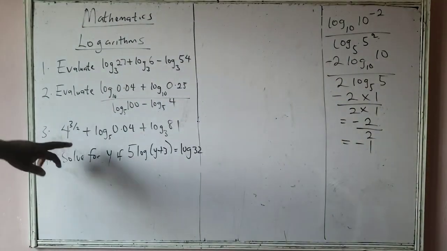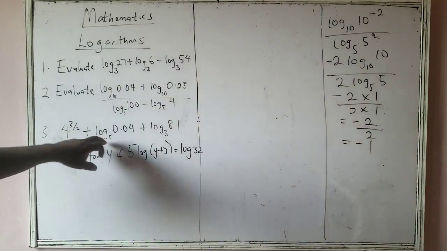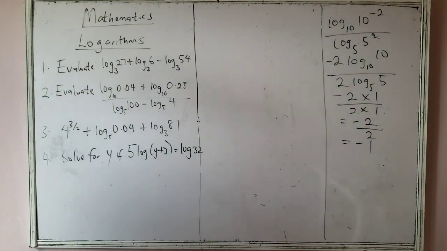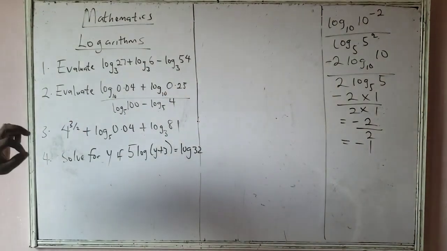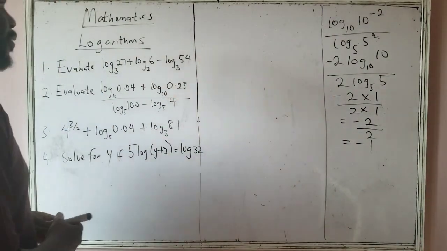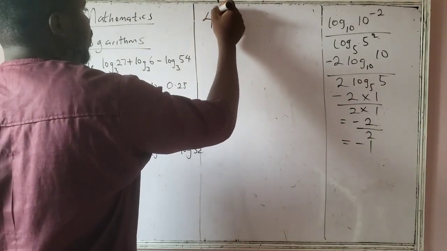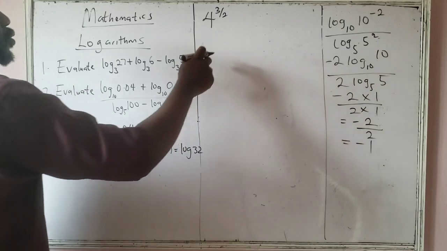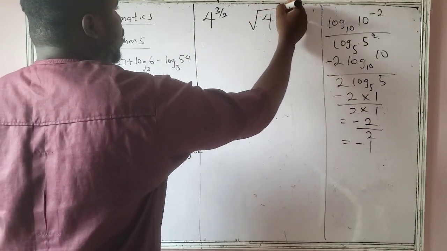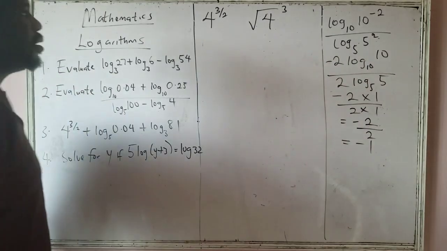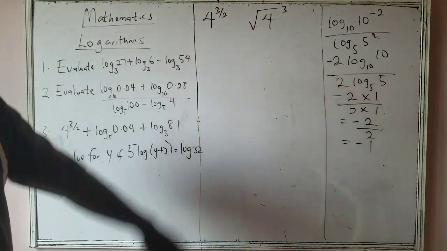So we have 4 raised to power 3 over 2 plus log 5. Very simple. From the principle of indices, you can check our previous video, we'll know that 4 raised to power 3 over 2 is root 4 raised to power 3.